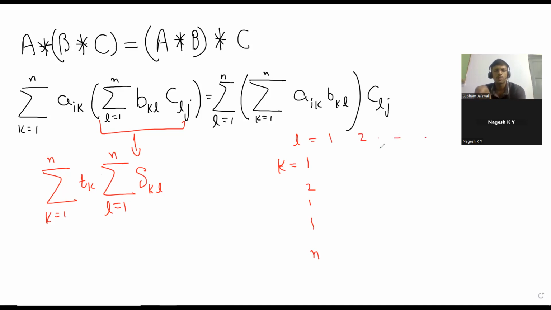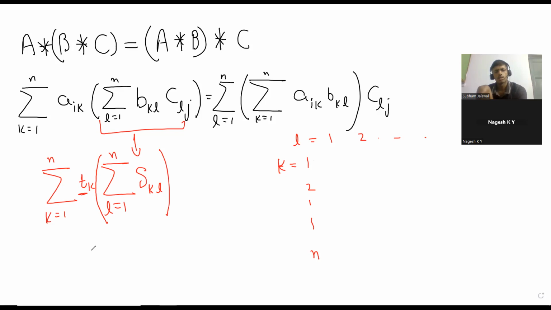1, 2 is a column. So what are we doing? We are saying that for every K you have T_K, and then basically you are having this, and that way you are getting this summation.